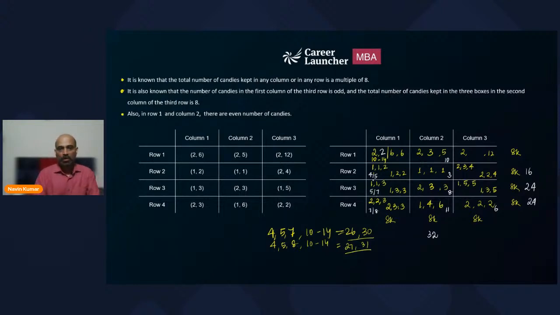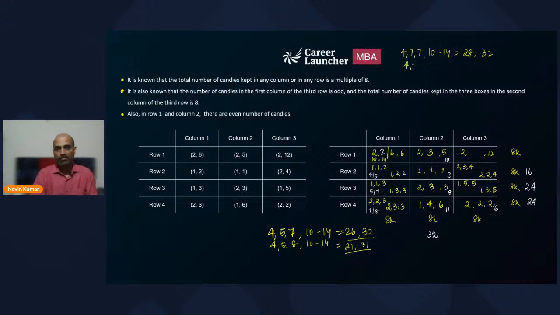Okay, now what if, instead of 5, I take 7, 4, 7, 7, 10 and 14. Let's write it above. What if I take 4, 7, 7 and then 10 to 14? So this is going to give us 18 plus 10, 28, and then 4 more, which is 32. 32 is in the table of 8.